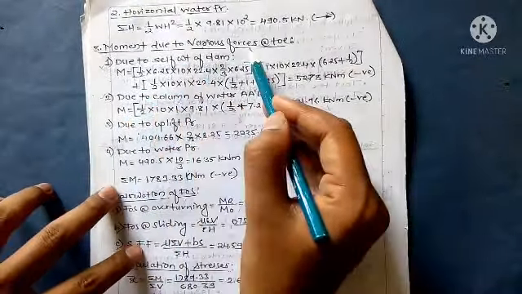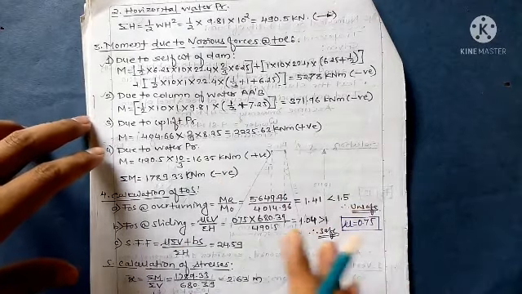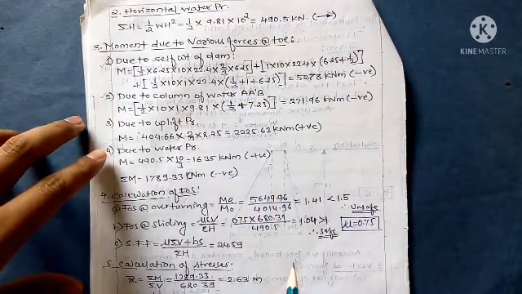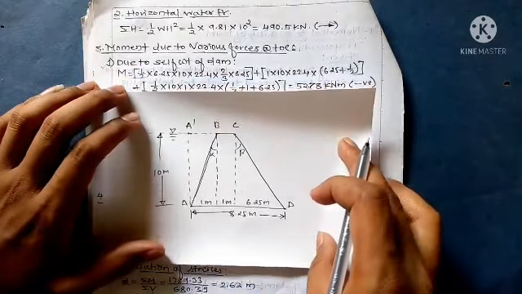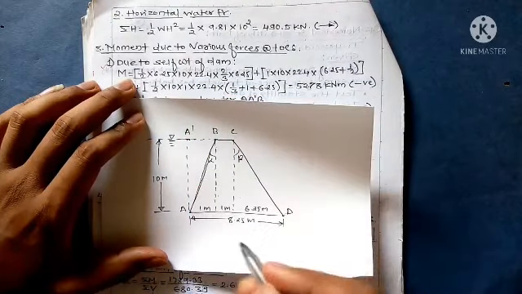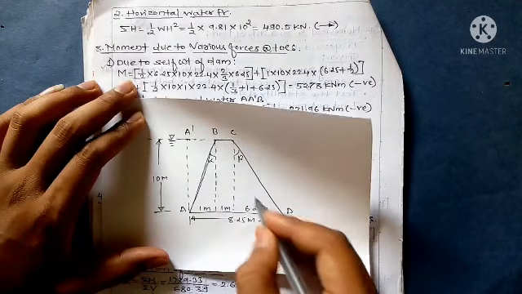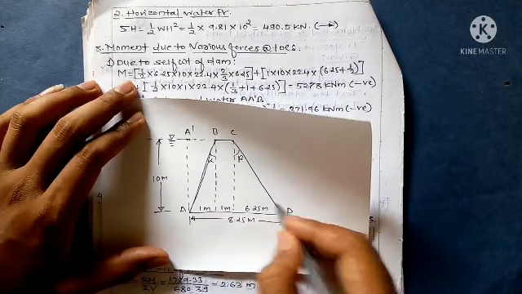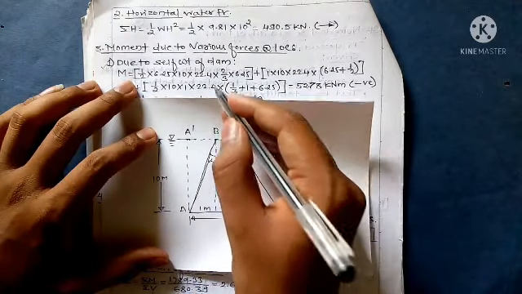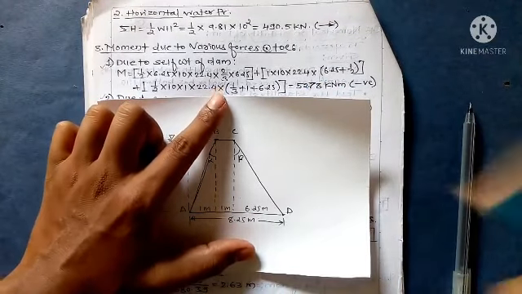Movement due to various forces at the top, so अभी टॉप पे मूवमेंट निकालना है सब। तो पहला ड्यू टू सेल्फ वेट ऑफ डैम, सो M is equal to half, that is we calculate for this triangle, so this is triangle half 6.25 into 10, that is height, 22.4, that is specific gravity of dam material, into centroid CG of this section.